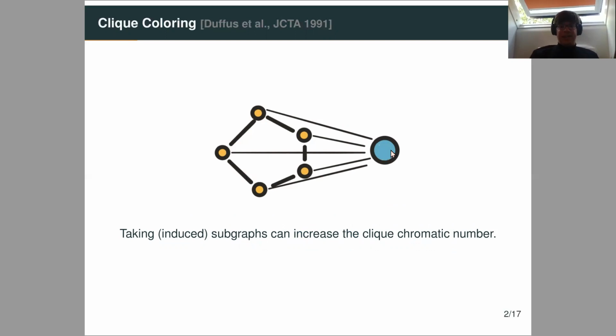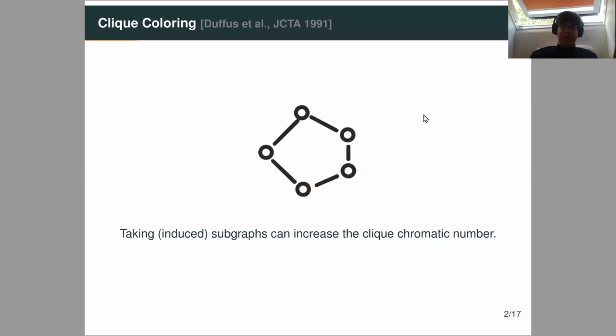And since the universal vertex is contained in every maximal clique, this will always be a clique coloring. On the other hand, if we remove this vertex, then in this example, we end up with a C5, and a C5 always needs three colors.